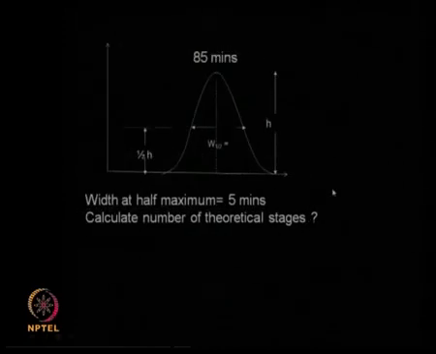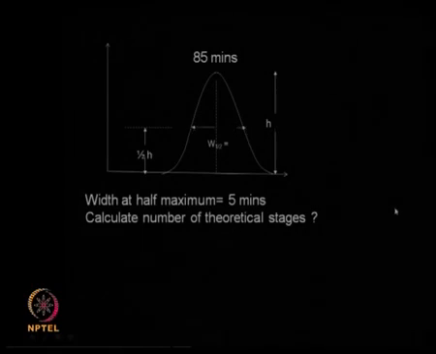Let us look at another problem. This is in a different way. We know the elution time, it is 85 minutes, and the width at half maximum, that is the place where the maximum is half. If you assume the overall height of the particular peak is h, at half h, this width is given, that is 5 minutes.